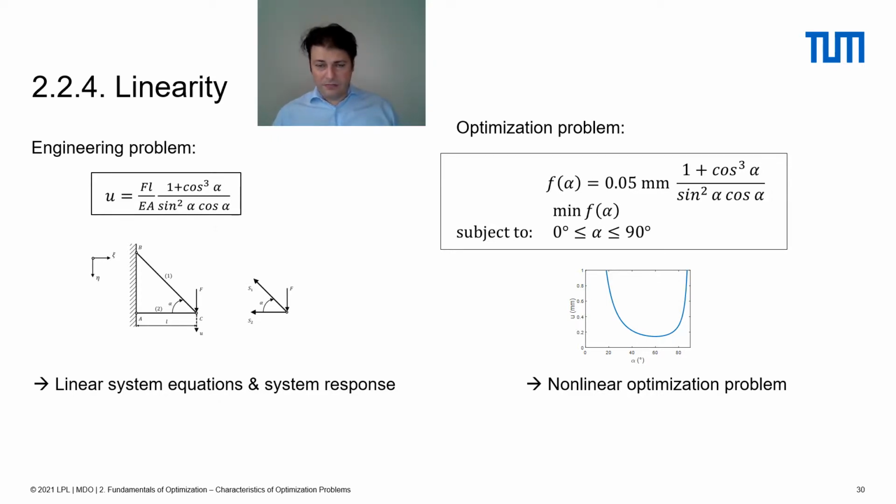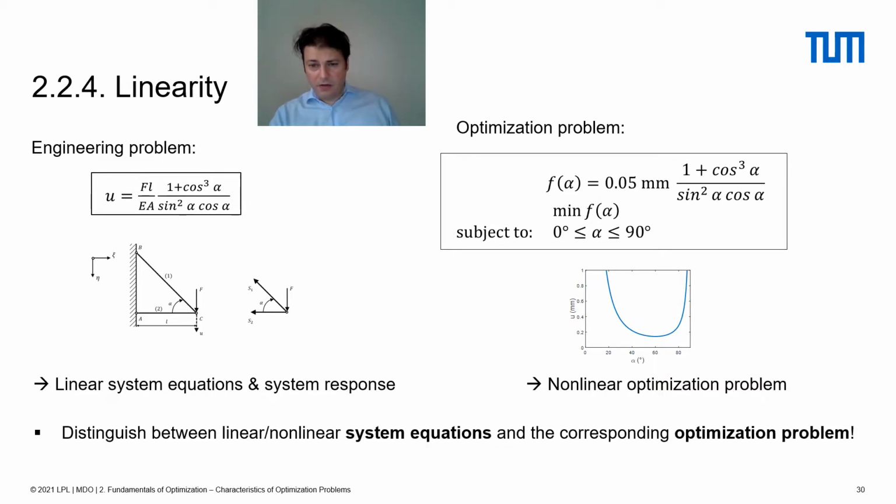However, the objective function is nevertheless nonlinear with respect to design variables. So we do have a nonlinear optimization problem, although the system is itself, mechanically speaking, a linear system. So please carefully distinguish between linearity or nonlinearity of the system equations and the corresponding optimization problem.